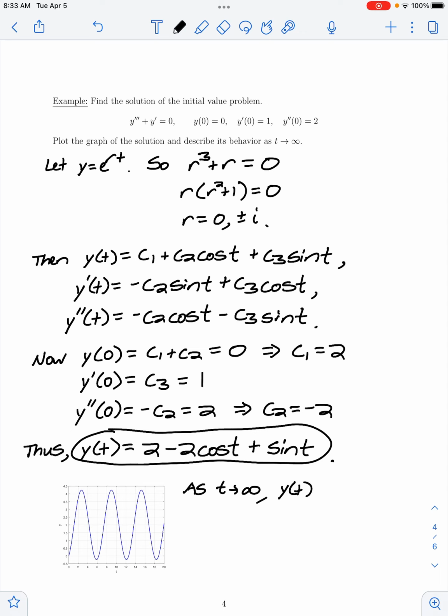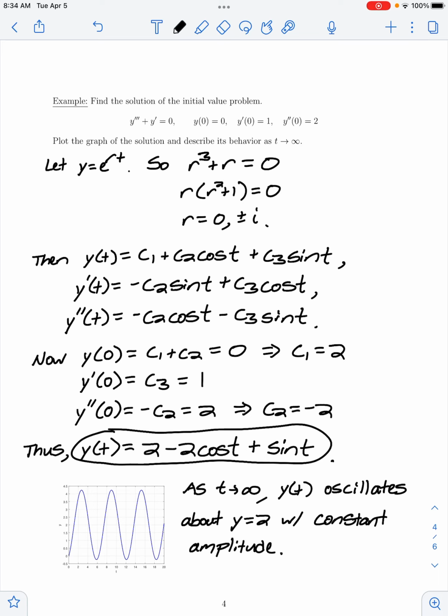So we could say that our solution y of t oscillates about the value y equals 2 with a constant amplitude, or a fixed amplitude.